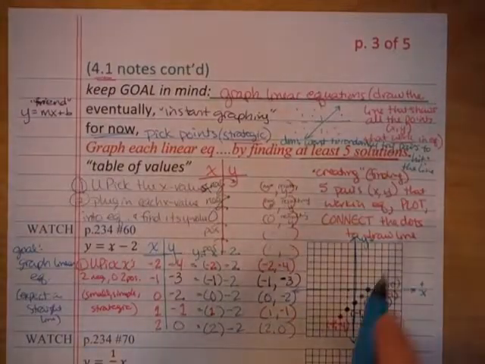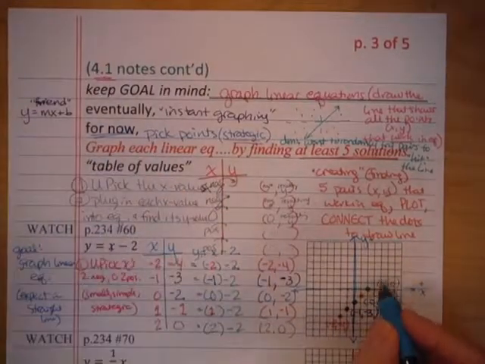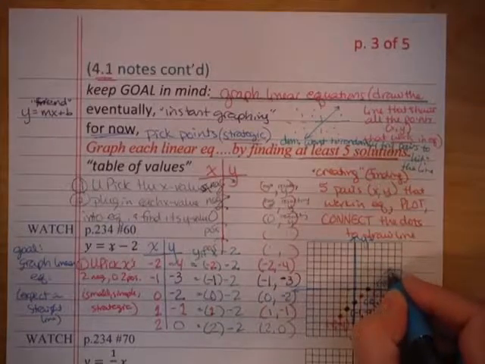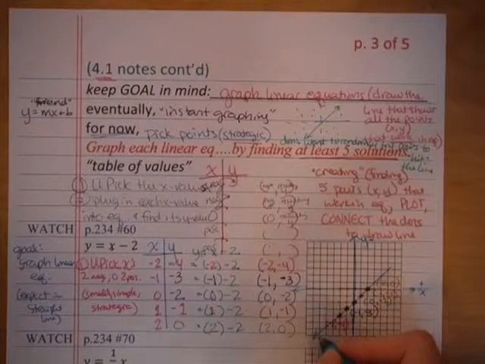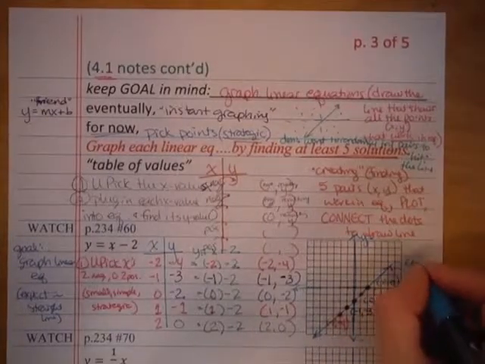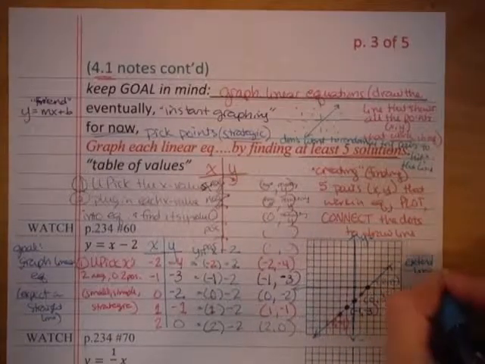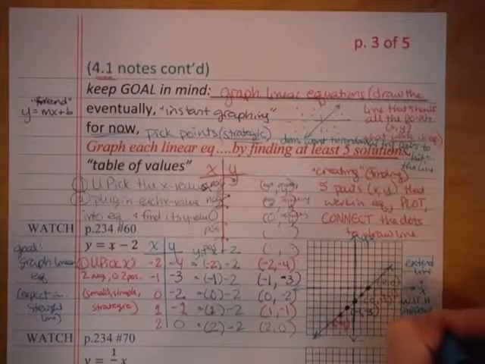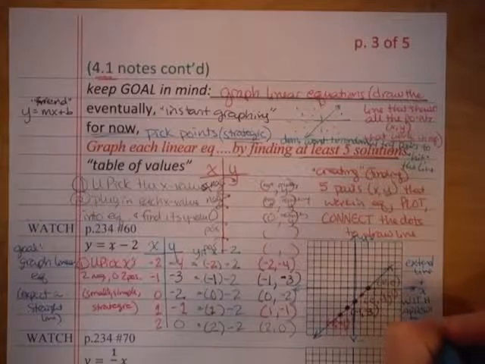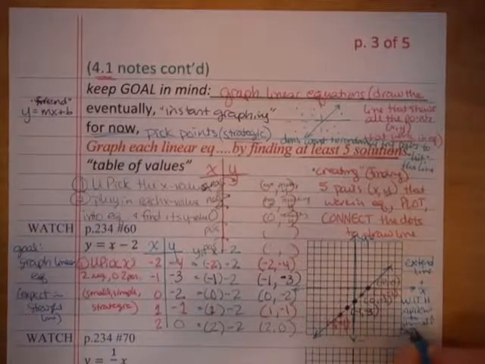And what I've done is I've tried enough points that I'm very confident about what this line looks like. It is not just those 5 dots on the page. You draw the line, you extend the line with arrows to show all solutions.